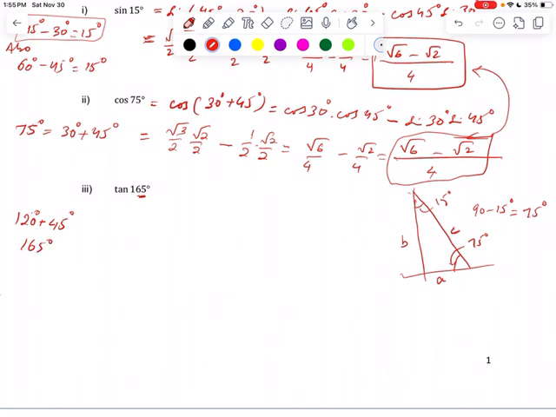So let's say our angle, I will find first sine of 165, because tangent can be written as sine of 165 over cosine of 165. Now sine of 165 will be sine of 120 plus 45, which will be equal to, let me erase this just for space.